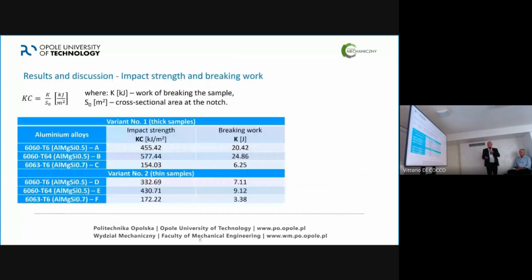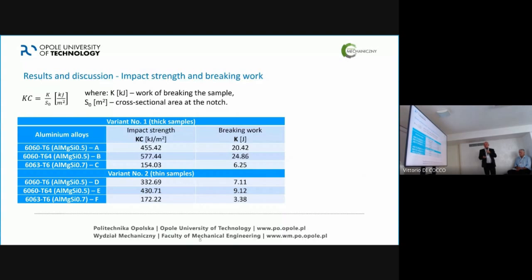Every time we carry out the experiment on 3 specimens, and here we put the mean value of this strength. Variant number 1 is thick samples, variant number 2 is thin samples, so 3 millimeters and 5 millimeters. And in this table, we put the mean value of impact strength and also the mean value of breaking work.